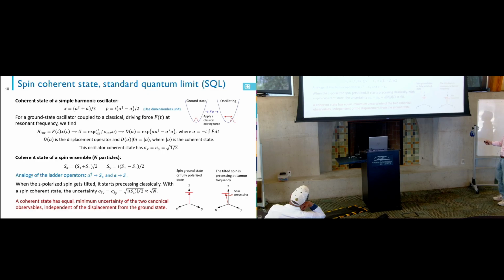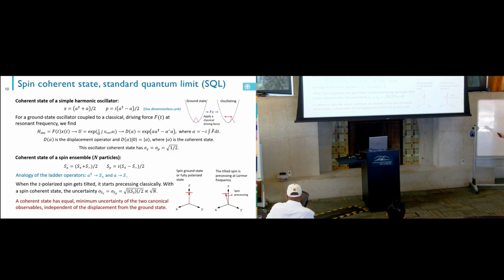Okay, so the spin coherent state, just quickly go through this. This is in dimensionless units, so we don't see h bar or mass or whatever there. Just talking about the ladder operators. We have a creation and annihilation operator. We can use this to define the x operator, position operator, and momentum operator for a simple harmonic oscillator.